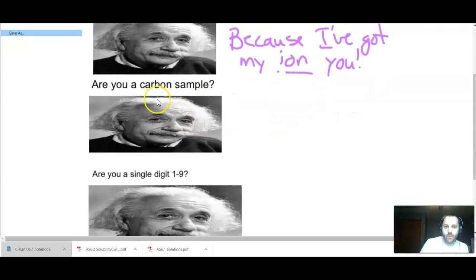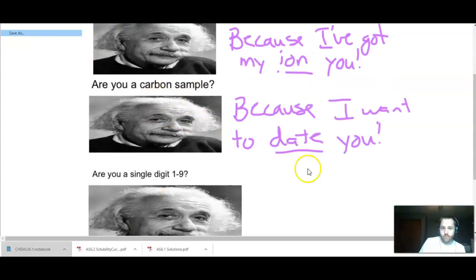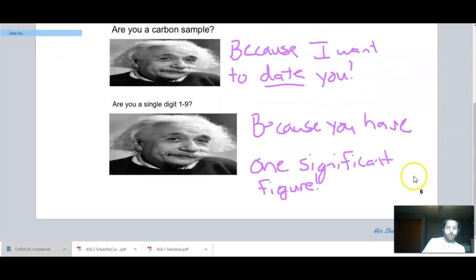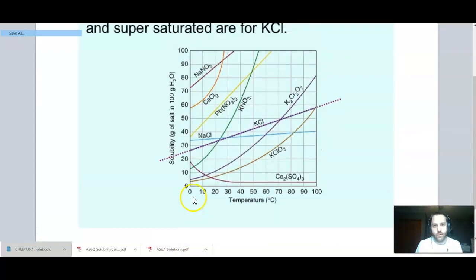Yeah. All right, let's try this one. Are you a carbon sample? Because I want to date you. Yeah, all right. If somehow you didn't pull off those two, this last one will for sure work. Are you a single digit, 1 through 9? Because you have one significant figure. I actually came up with that one a few years ago. I was pretty proud. That's why Caitlin and I are together. I'm just kidding. That's not why.